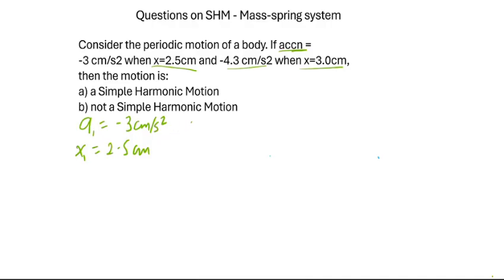And for the second one, my second acceleration is -4.3 centimeter per second squared, and my displacement is 3 centimeter. Now we are to determine if it is simple harmonic motion or not.